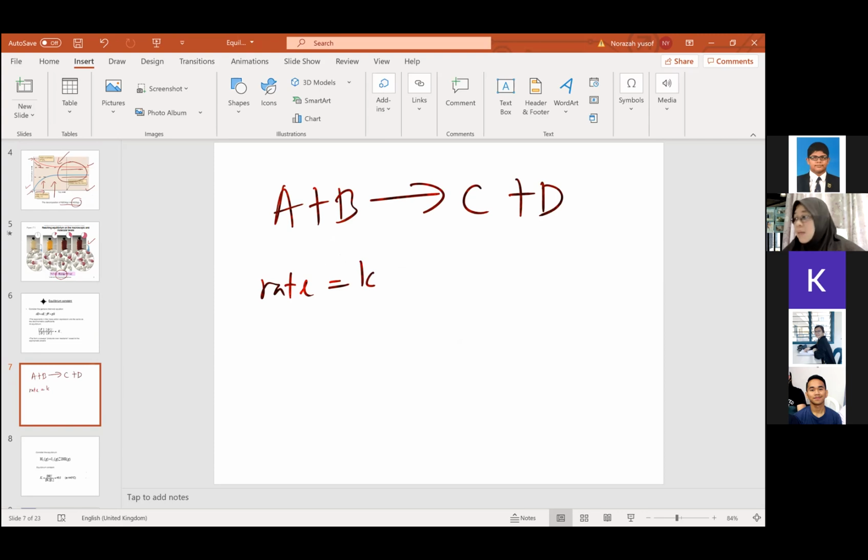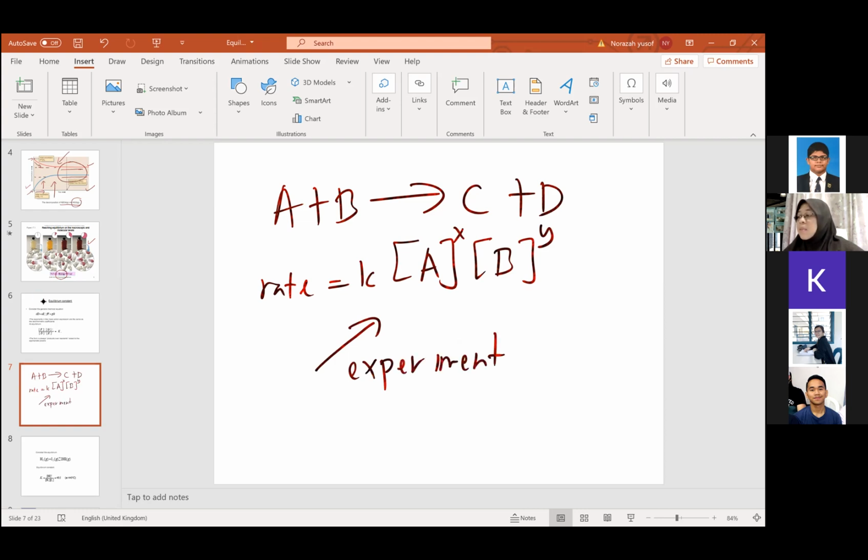There are so many K. And then X, Y, for example. This expression has to be determined through experiment.